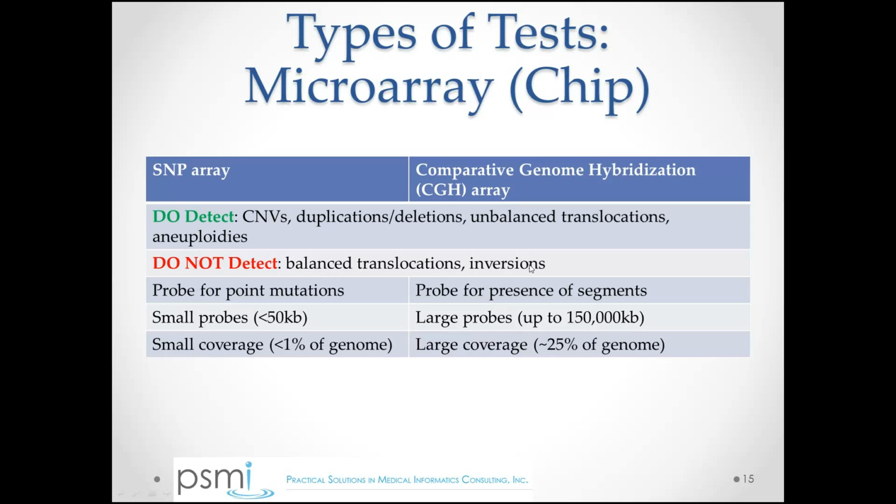And so if what you're looking for is a particular large inversion or a particular translocation, then you have to decide, maybe I would still use FISH technology, or maybe I would still do a karyotype, if I'm looking for a particular condition.